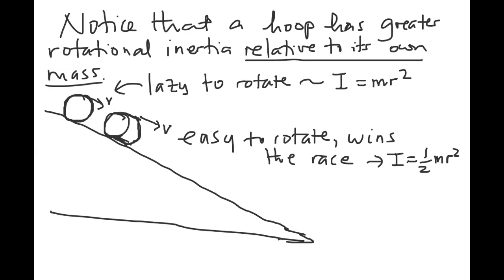As you can see, this one has less rotational inertia compared to the hoop, and therefore if you have less rotational inertia, that means you can easily spin. You can easily get it started, or you can easily stop it. It spins faster compared to the hoop. So on an inclined plane, that's why the solid cylinder will win the race.